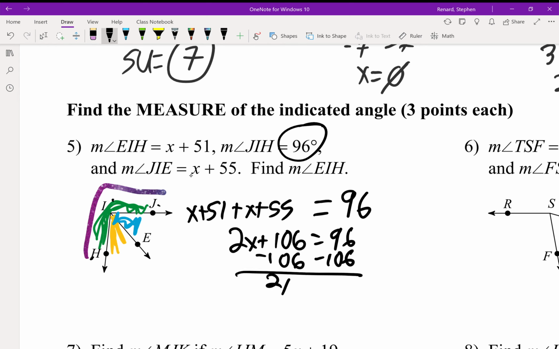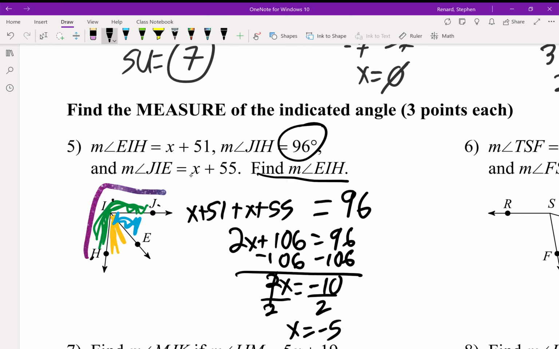Now, a lot of you guys might not be comfortable with this, but the fact is that it's totally okay for x to be negative. We can't have a negative segment length, we can't have a negative angle measure, but we can have a negative x.